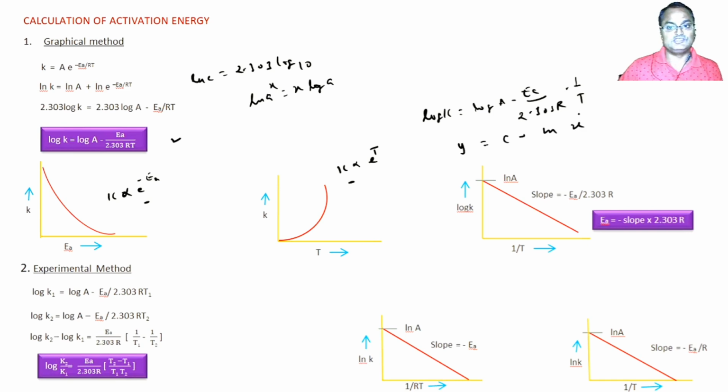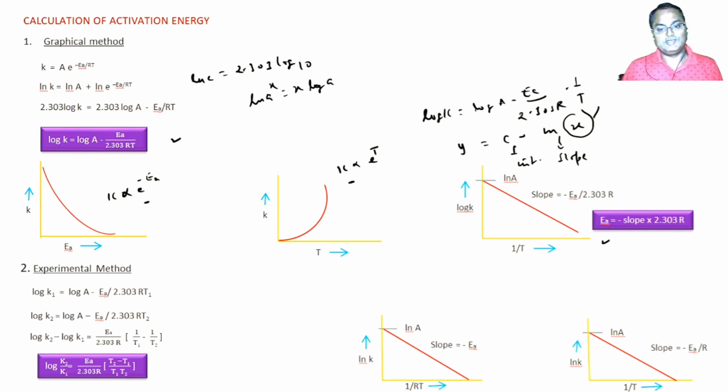So in this case, this is y, this one is the intercept, right? And this is the slope. Here the slope becomes minus E upon 2.303 R and the intercept here is log A, and it decreases, means there is a linear decrease, right? And from here we can calculate the activation energy. So activation energy becomes minus slope into 2.303 R. So from this equation also we can calculate the activation energy. In some numericals the value of slope is given and you have to calculate the value of activation energy.